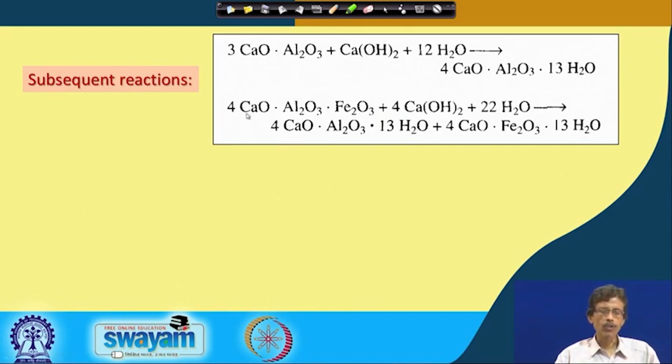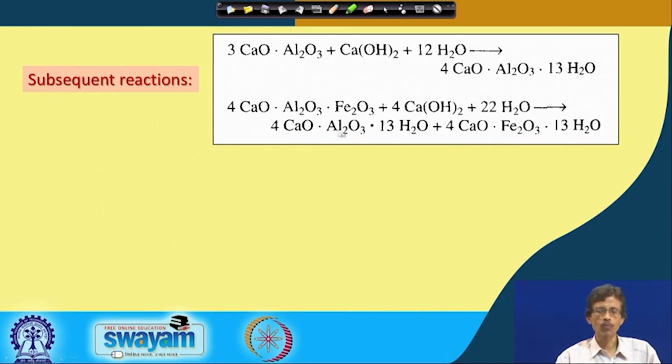Then you have the two other components, the tricalcium aluminate and the calcium aluminoferrate. The calcium aluminoferrate again reacts with calcium hydroxide and 22 water molecules, giving a compound of the same formula, but where instead of alumina you also have Fe2O3 in a similar fashion.